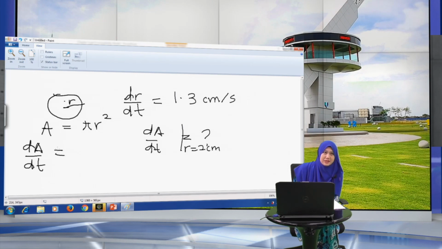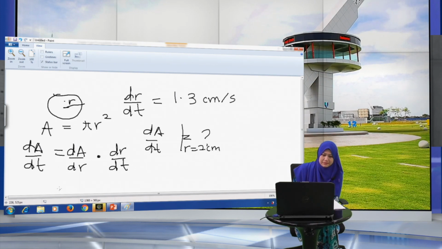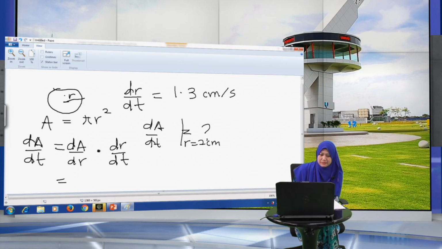By using the chain rule, dA/dt equal to dA/dr multiplied with dr/dt. dA/dr is, when we differentiate A with respect to r, we get 2 pi r, and dr/dt is given in the question, which is 1.3.